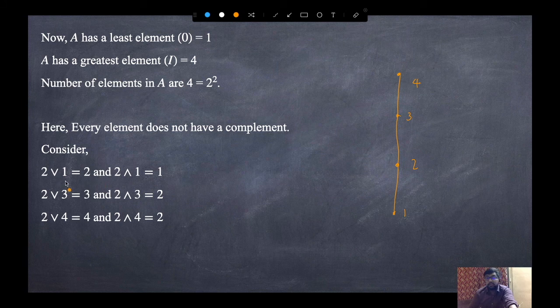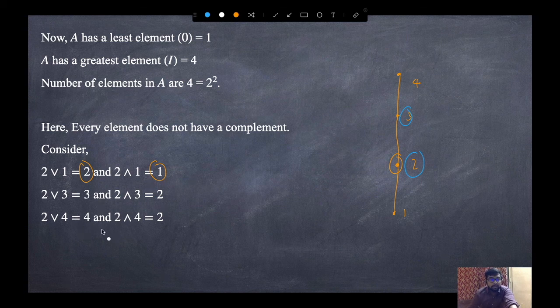Now see, 2 and 1, the least upper bound of 2 and 1 is 2. Now 2 and 1's greatest lower bound is 1. In the same manner 2 and 3: the least upper bound is 3 and the greatest lower bound is 2.